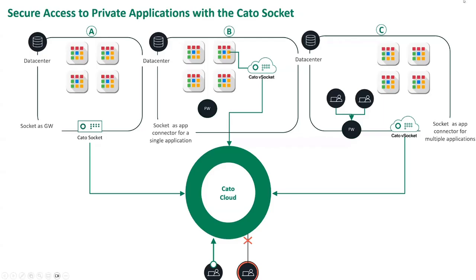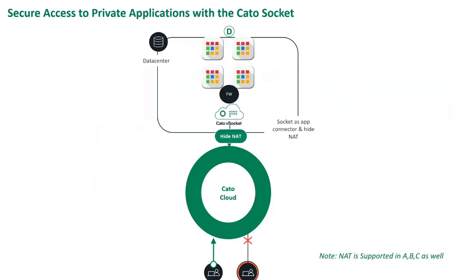So you can deploy the vSocket or the socket within your premise and then expose only specific IP addresses or specific applications. In this example, you're exposing only a specific application to be accessed from users behind the CATO cloud. Going to C, very similar to B, but here we are allowing access to a few applications, meaning you can expose one subnet, two subnets, a few applications, so you can do it at your convenience, according to the use case and the demand.